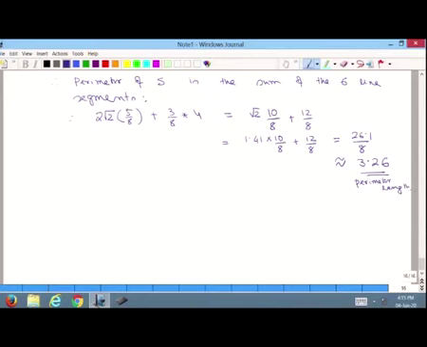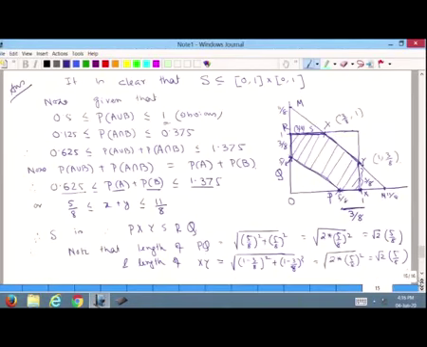We need to find out the area of S. If we go back to the diagram, we can compute the area of this triangle, from which we subtract this area and this area.